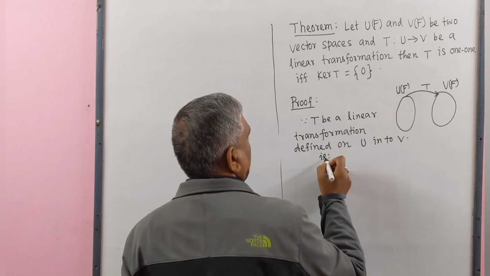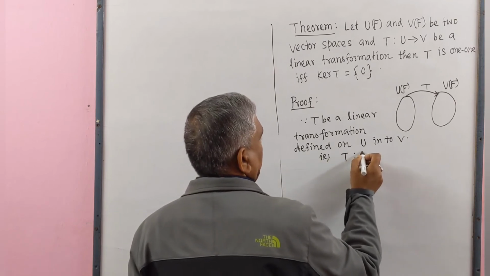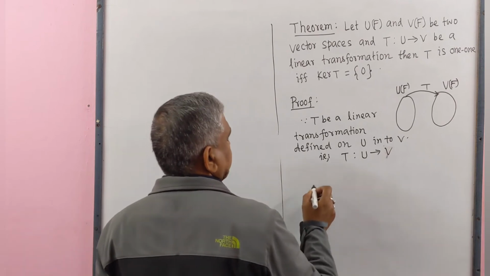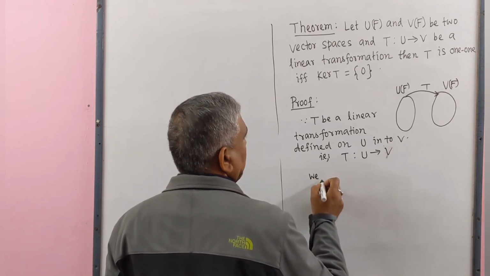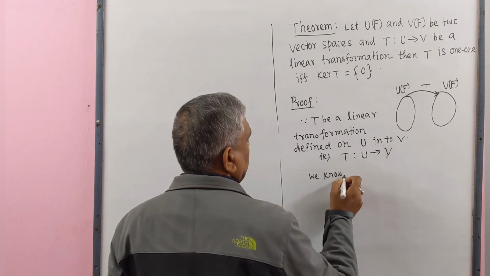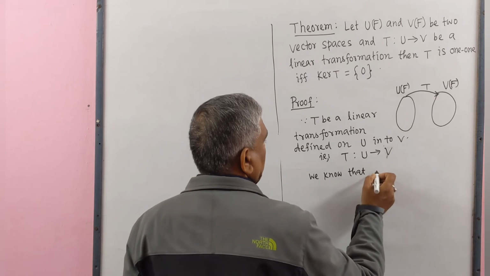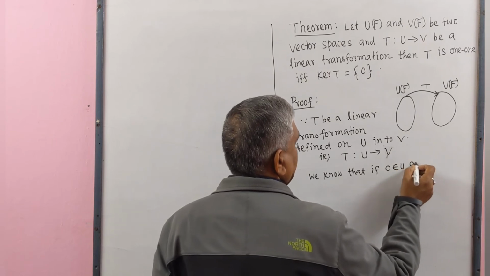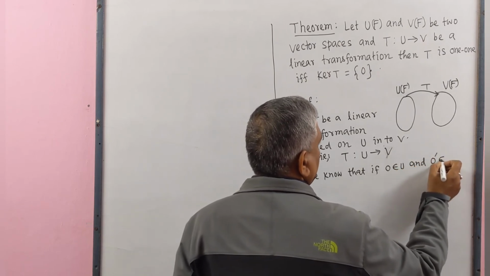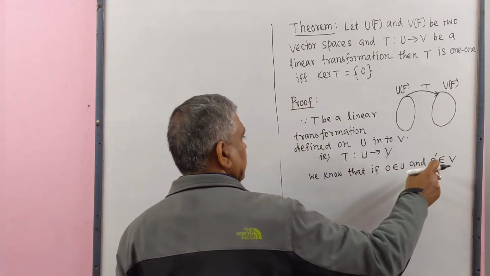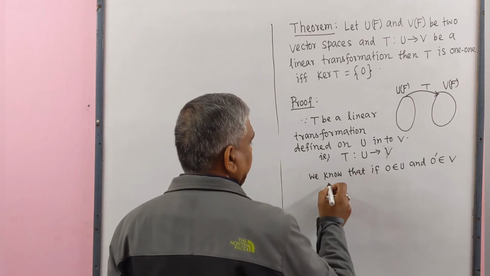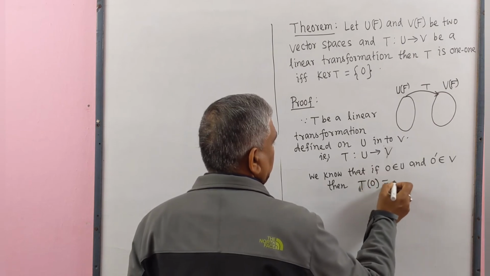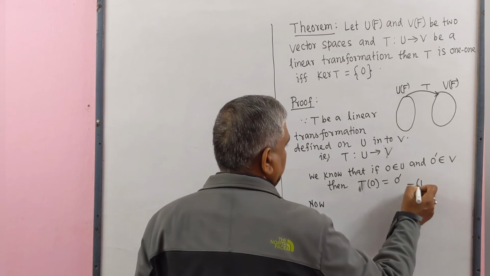that is T from U to V, we know that if 0 is the zero vector belonging to U and 0 prime belongs to V, that is the zero vector of V, then T0 equals 0 prime. This is number 1.